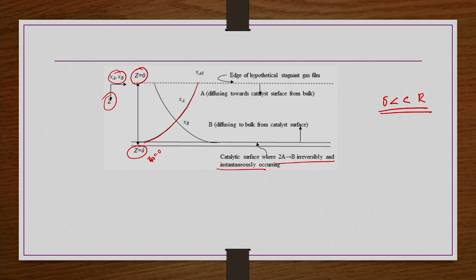And this B is forming on the catalyst surface because immediately the reaction is taking place, A is being converted into B by the dimerization equation. So, it has a profile with maximum concentration on the surface at Z is equal to delta, and then it diffuses back to the bulk from Z is equal to delta to Z is equal to 0.